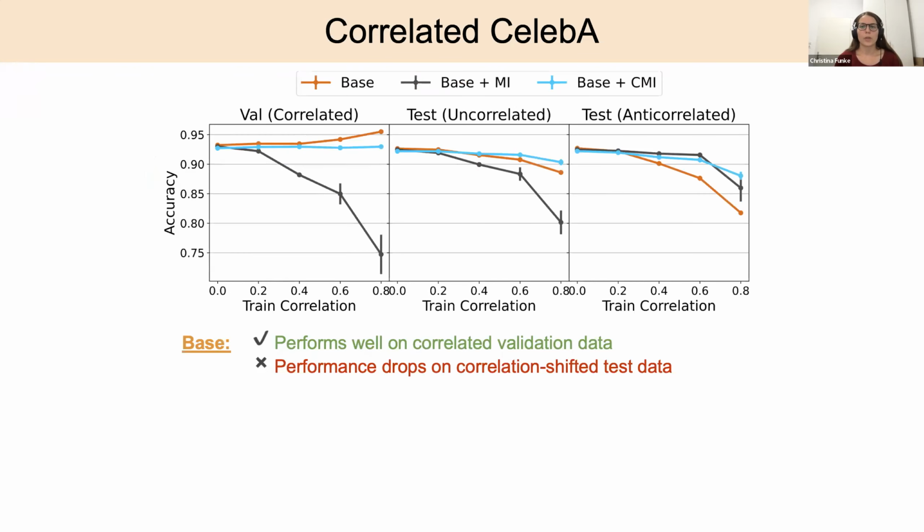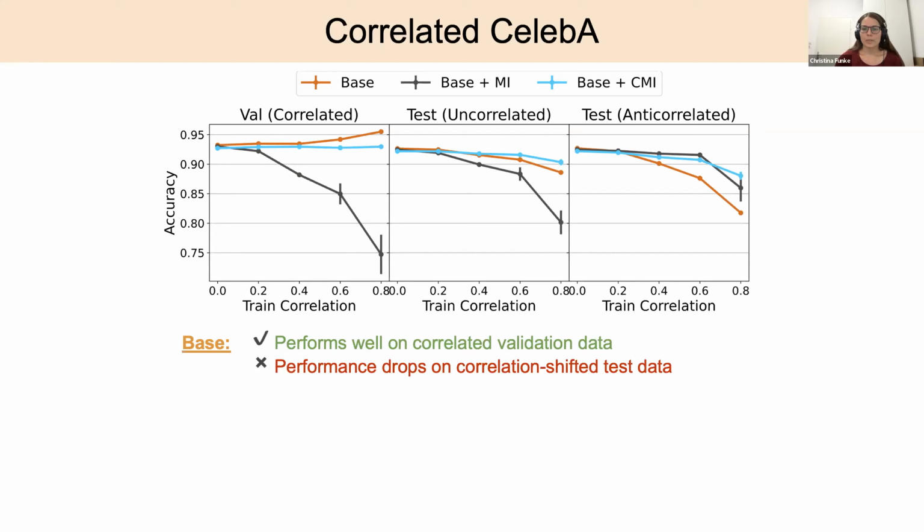Now we evaluate our 3 objectives on a range of training correlation strengths. In the left subplot, we compare the performance on data that has the same correlation structure as the training data. In the other two subplots, we evaluate the models on an uncorrelated and on an anti-correlated test dataset.